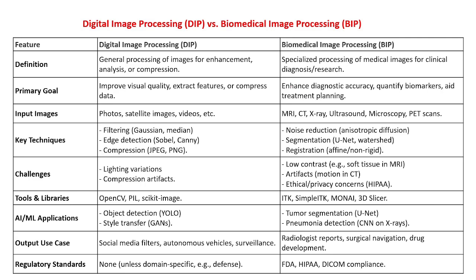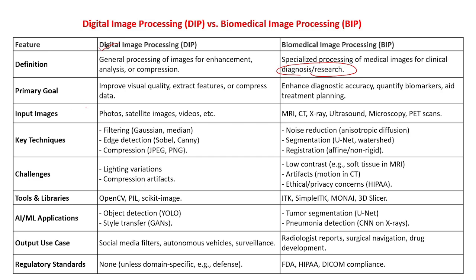So the purpose is different. For biomedical image processing the purpose is very specific, but digital image processing is general purpose. It is also used in medical image processing, but the medical image processing steps are not significantly used in general digital image processing. There are extra processing steps we follow in biomedical image processing techniques compared to the digital image technique.